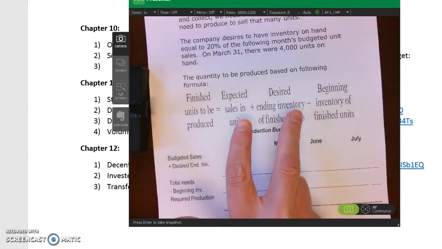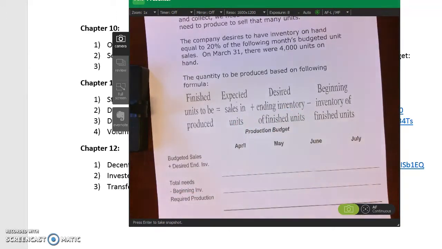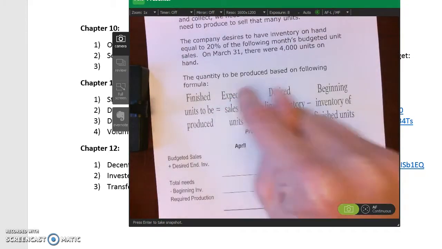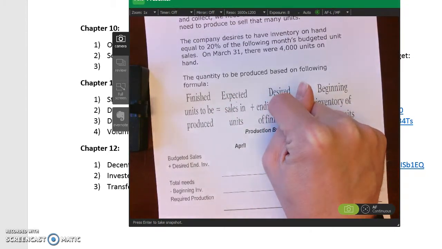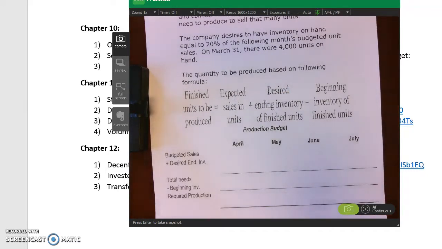So that means you have to have 60 on hand, right? But then let's say that you have 5 cups left over from yesterday that you can still sell. So how many cups do you have to make today? You have to make 55, right? Because you can sell 50, and then you want to have 10 left over just in case, minus 5, what you had left over from yesterday, means that you have to make 55.